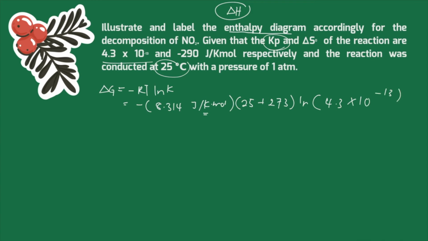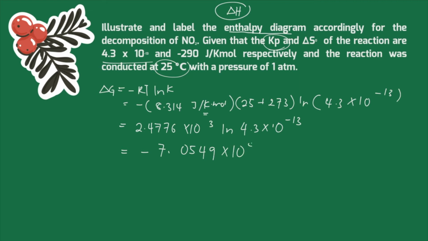Right, so all you need to do now is to press your calculator. You should be able to get 2.4776 times 10 to the power of 3 ln 4.3 times 10 to the power of negative 13. So you shall get your delta G is equivalent to negative 7.0549 times 10 to the power of 4.